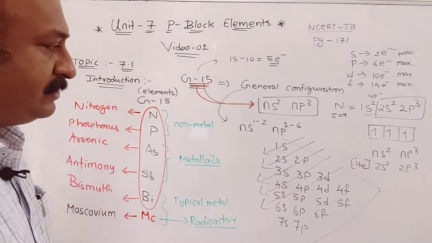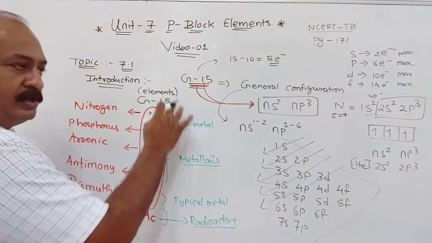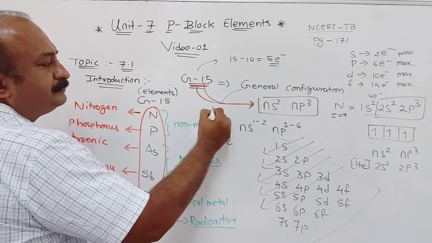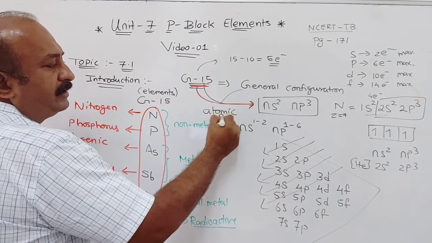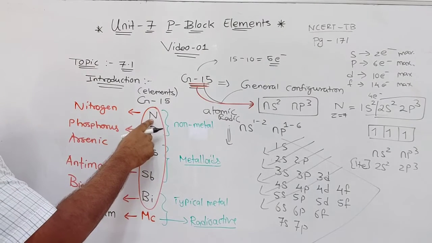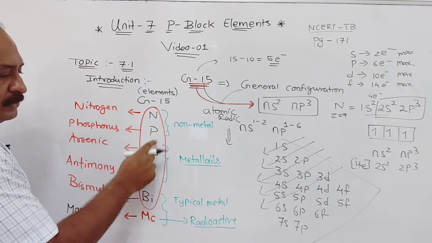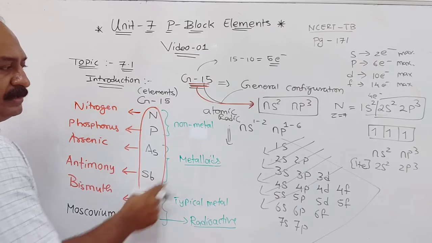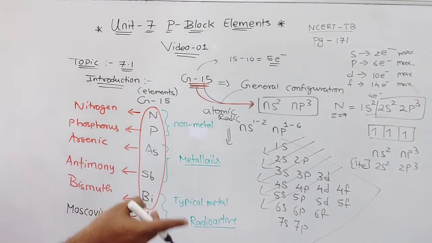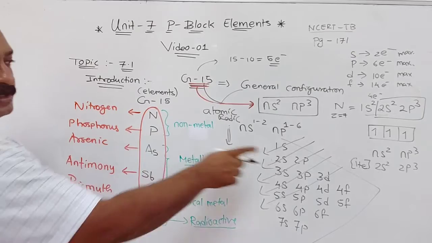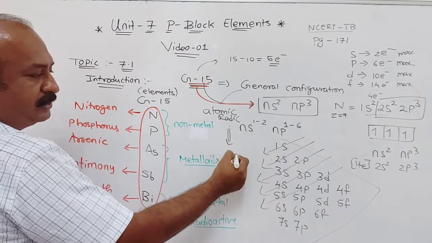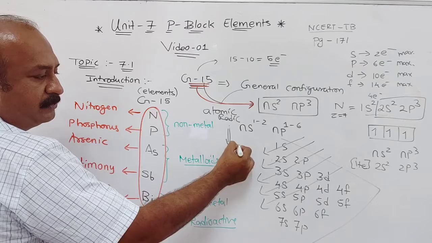Now atomic radius. As we go down the group, what will happen to the atomic radius? Down the group we go through period 2, period 3, period 4 and period 5. For period 2, n is equal to 2, so 2 shells will be there.